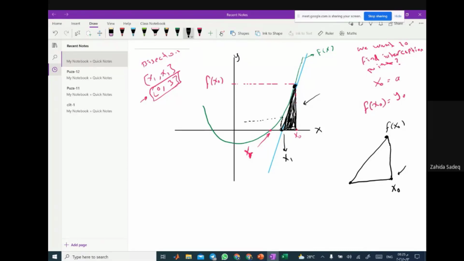X1. It's X1 or Xi plus 1. This is a new X. We have this in the problem, and this is the new one. Let's rename it X1.